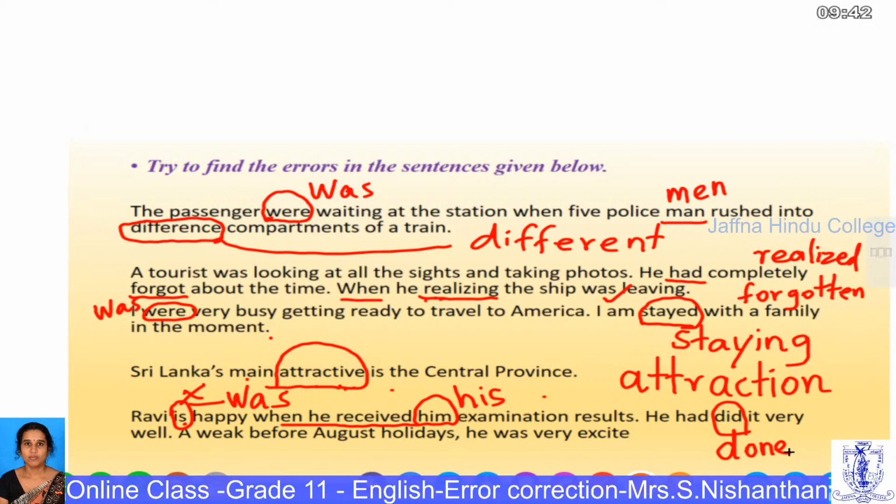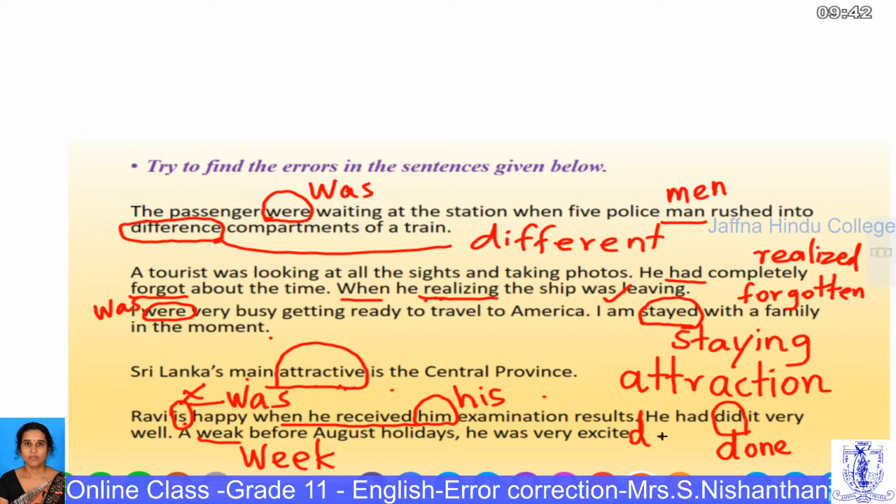There's also another error on homophones. This week is the opposite of strong, not that. I want this one denoting the time. A week before August holidays, he was very, what should it be? Excited. He was very excited.